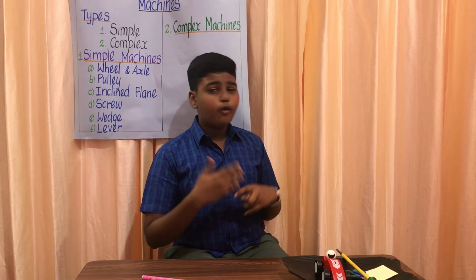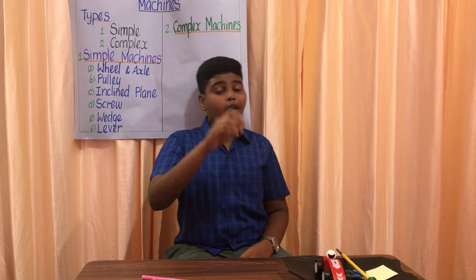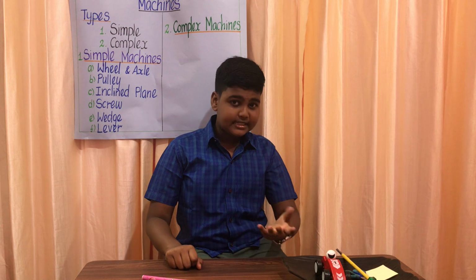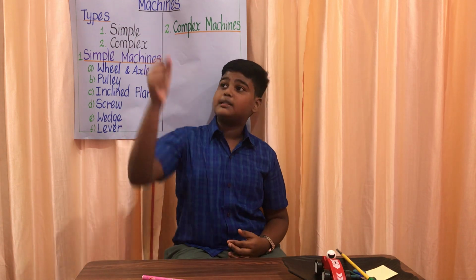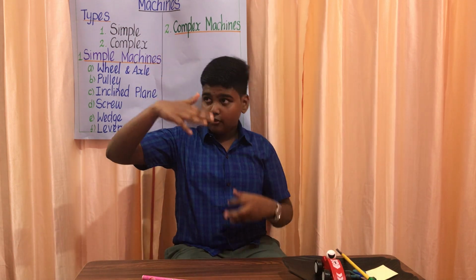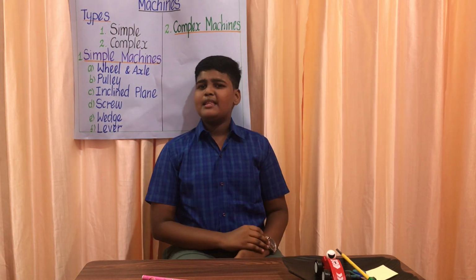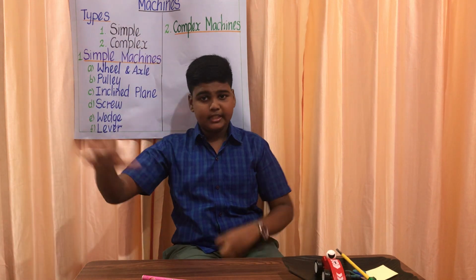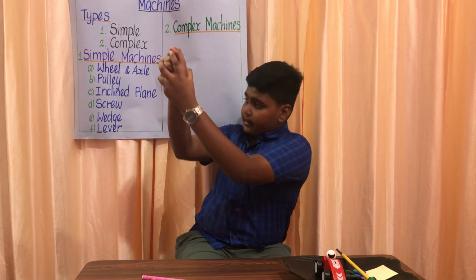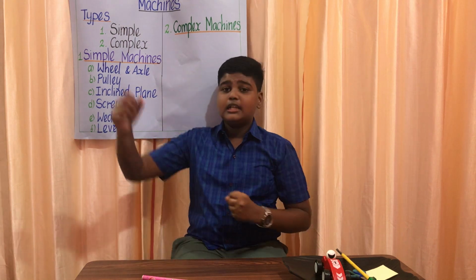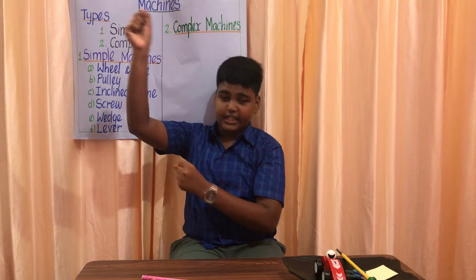The pulley is used for many things, for lifting or lowering objects. For example, we use the pulley to raise the national flag to a higher place. The flag is tied on one side of the pulley. On the other side, we give pressure, effort, so that the pulley, the wheel and axle, rotates.